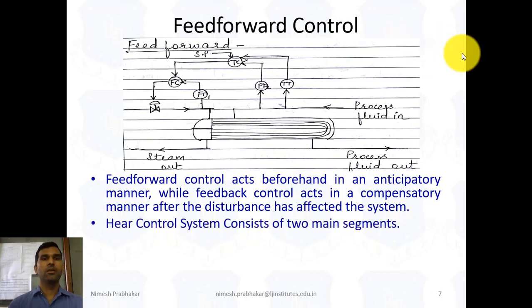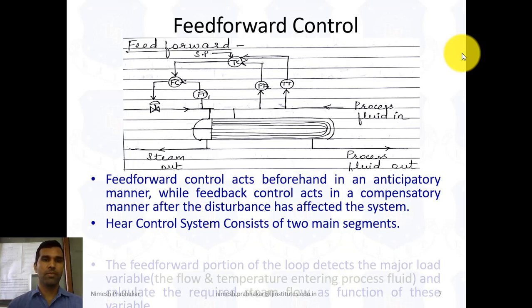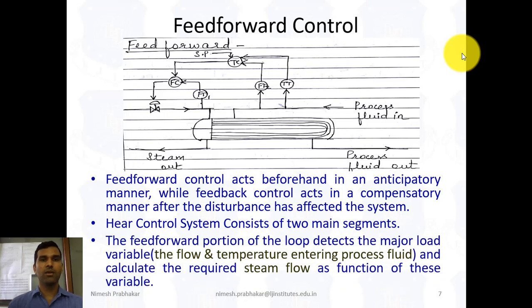And here the control system consists of two main segments. The feed forward portion of the loop detects the major load variables like the flow and temperature of the entering process fluid, and calculates the required steam flow as a function of these variables.